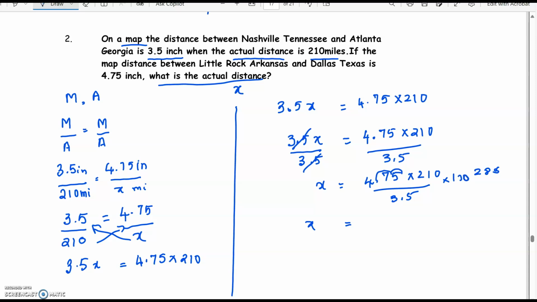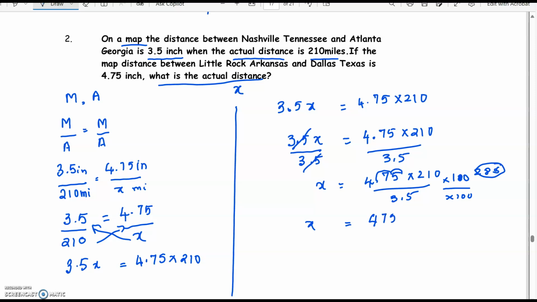And whatever I do in the numerator, I have to do in the denominator. Only multiplying by 100 will get rid of the decimal places in both.